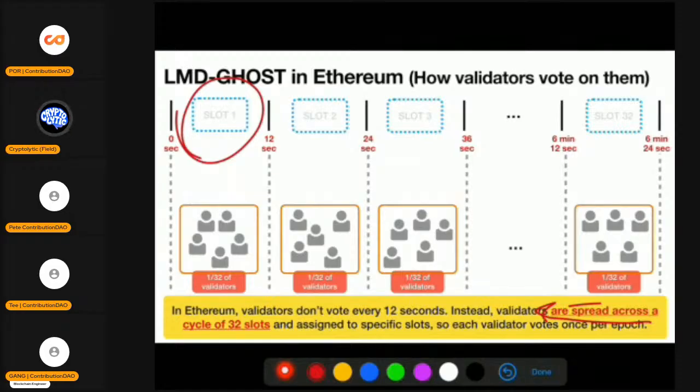What it means is that only 1/32 of the validators are going to be assigned to one slot.